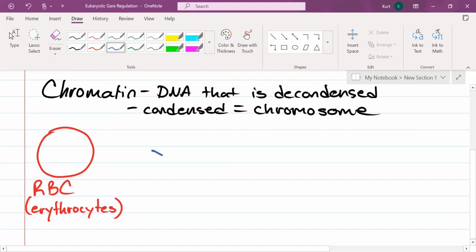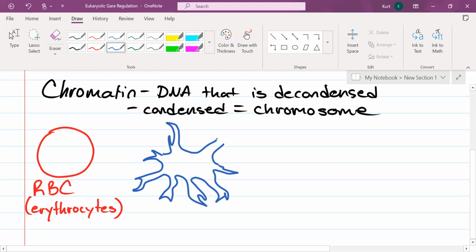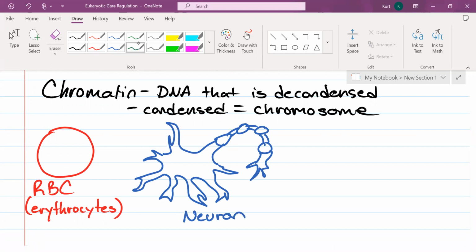The next type is going to be a neuron. This is found in your central nervous system, your brain, and your spinal cord. And the last one I'm going to draw are smooth muscle fibers.